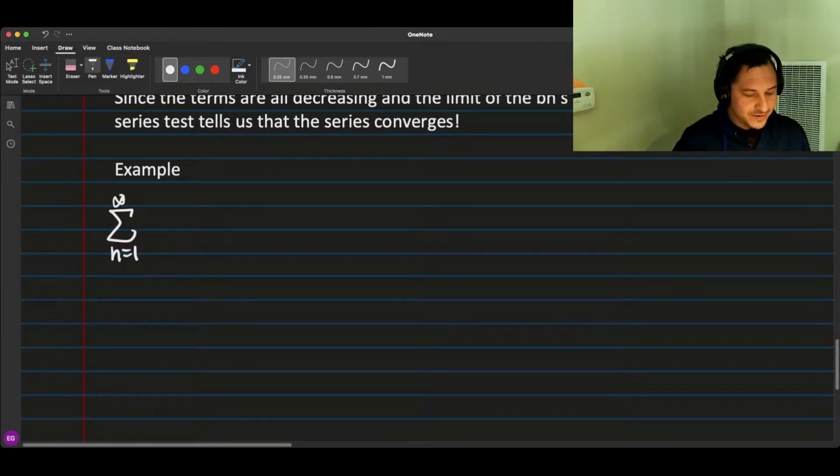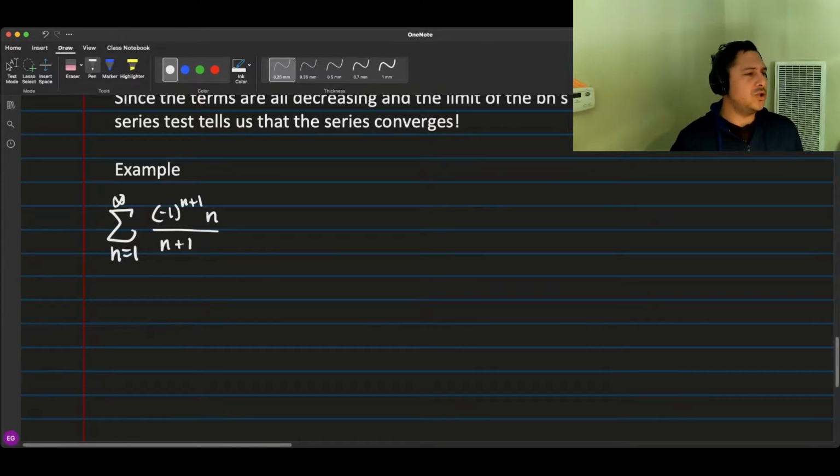You've got the sum from n equals 1 to infinity of -1 to the n plus 1, so that it starts off as a positive term, times n over n plus 1. Okay, so I recommend that you split this up into the alternating part and then the bn part. So you have your -1 to the n plus 1.